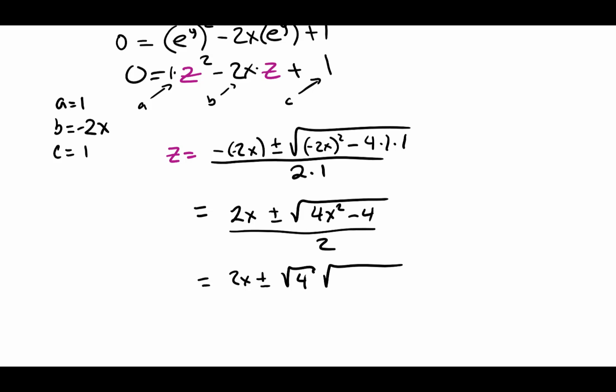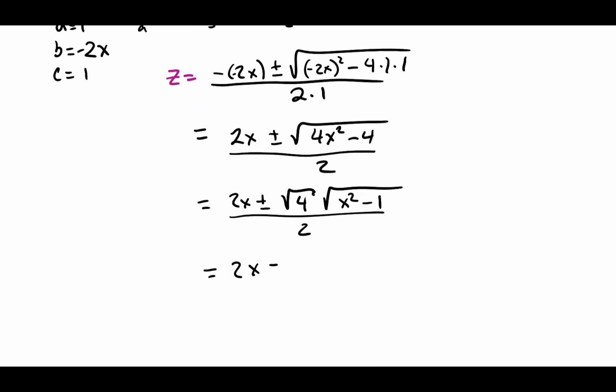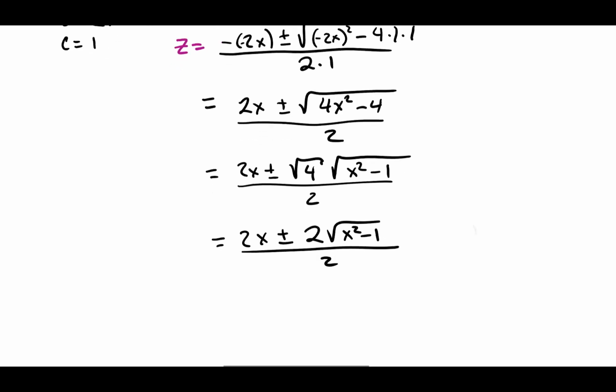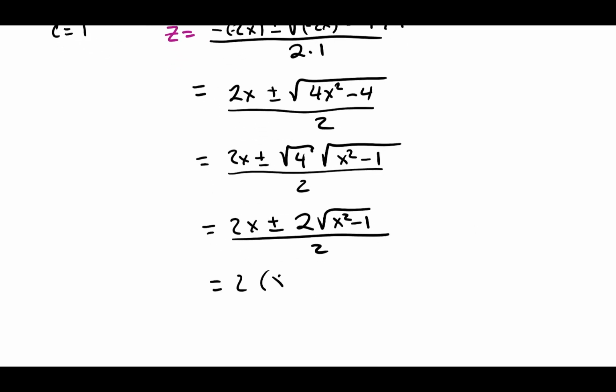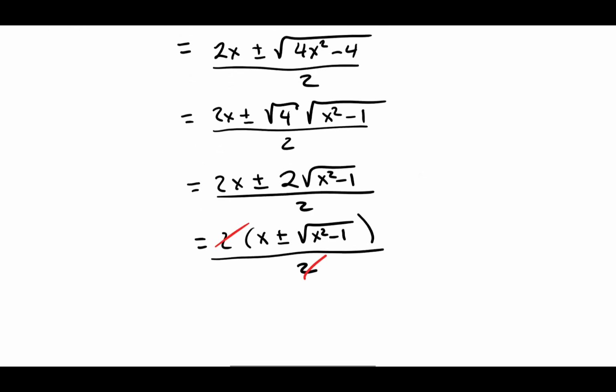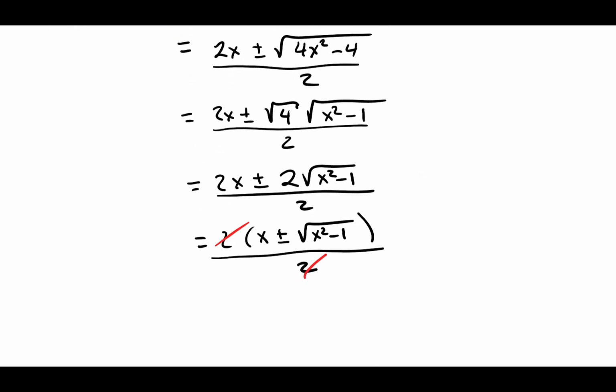Look at that, there was a 4 in common. So we could have factored out that 4, and the square root of 4 is just equal to 2. Since we're here, let's factor out the 2, and I feel like we're almost there. And they're gone. What do we got? We got x plus or minus the square root of x squared minus 1.